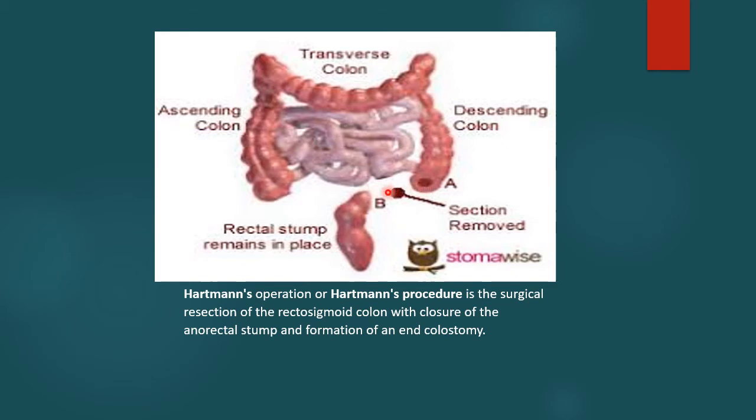Time is given for this healing process to take place, after which the colostomy is taken down and the stump is re-anastomosed with the rectal stump, thereby closing the colostomy permanently.